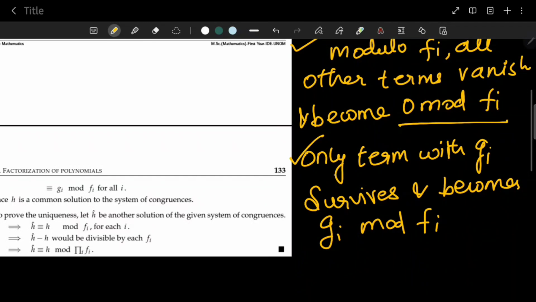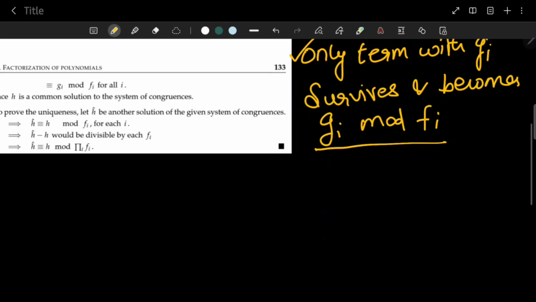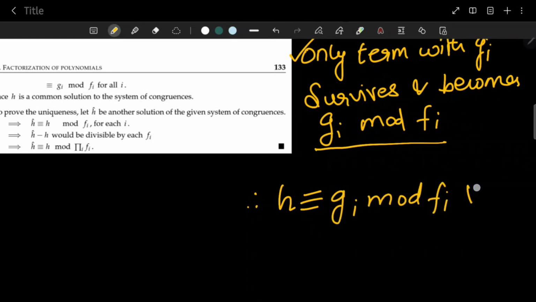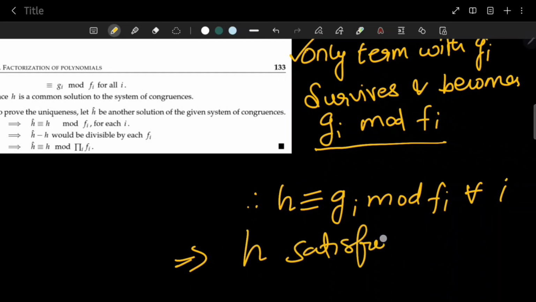Then only the term with gi survives and becomes gi mod fi. Therefore, h is congruent to gi mod fi for all i. This implies h satisfies all given congruences.